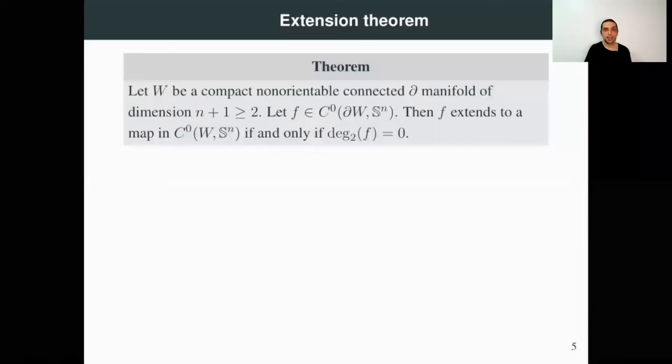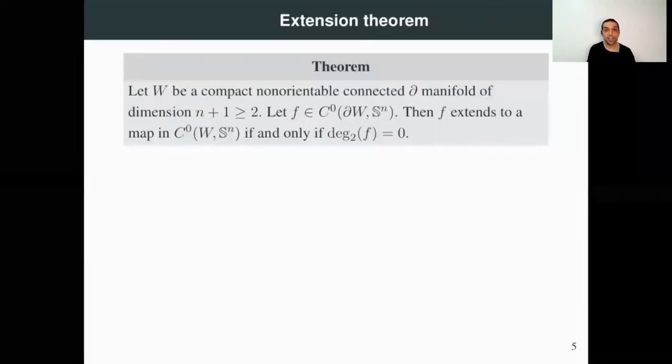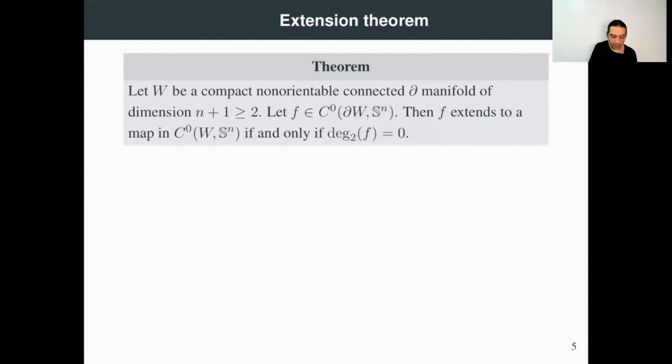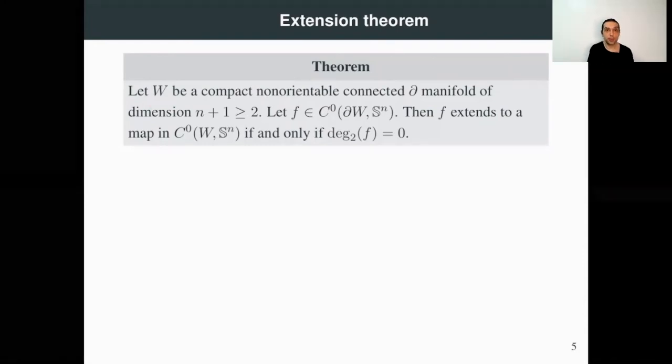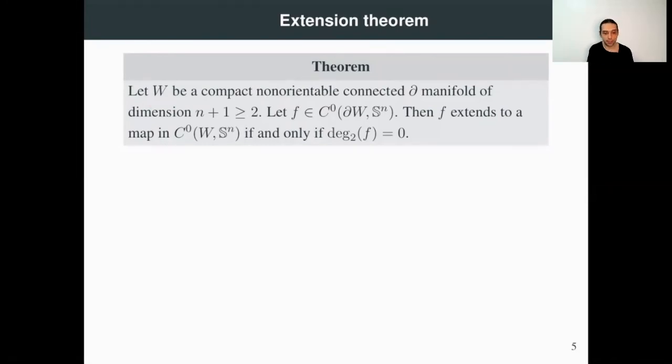There is an analogous result for the non-orientable case. Indeed, if W is a compact non-orientable connected manifold with boundary of dimension n plus 1 greater or equal than 2, of course, because all manifolds in dimension 1 are orientable. Suppose that we consider a continuous map defined on the boundary of W with values in the n-dimensional sphere.